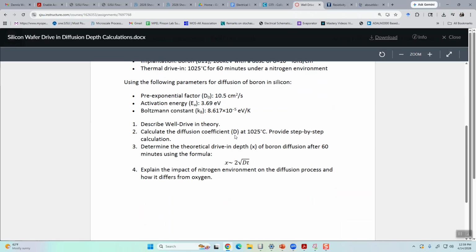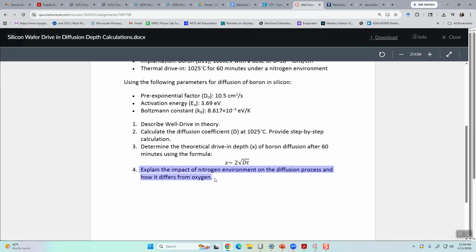Determine the theoretical drive-in depth using this calculation, right? So the assumption here is that the background isn't changing that much, right?